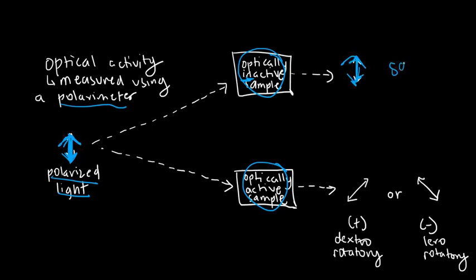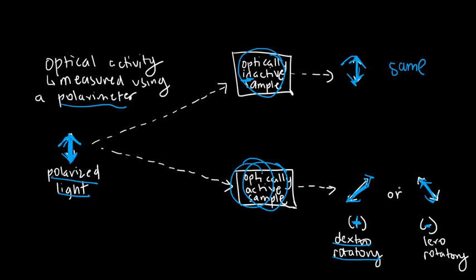So there's no change. But if it goes through an optically active sample, sometimes your direction is rotated clockwise, sometimes it's rotated counterclockwise. For terminology's sake, if the spin is clockwise, it's usually called dextro-rotatory. If it's counterclockwise, then we have a levo-rotatory rotation.